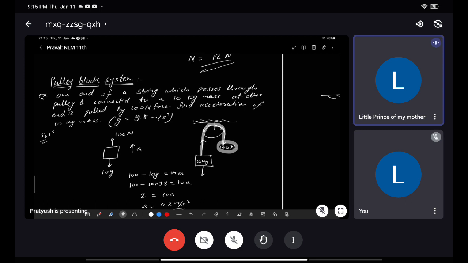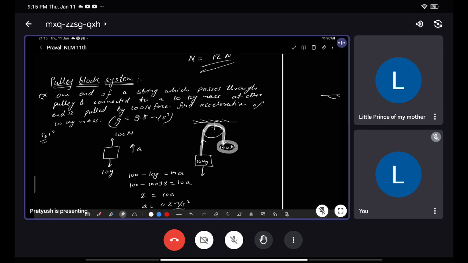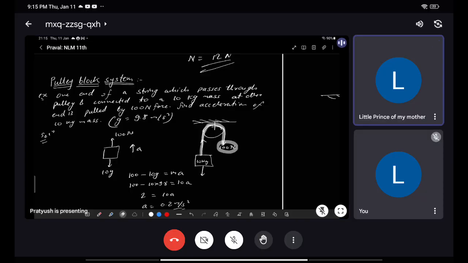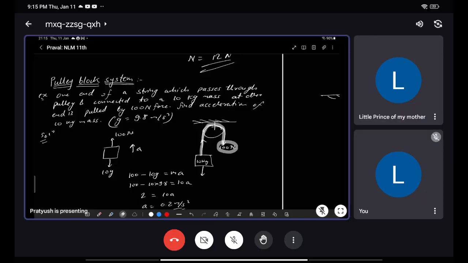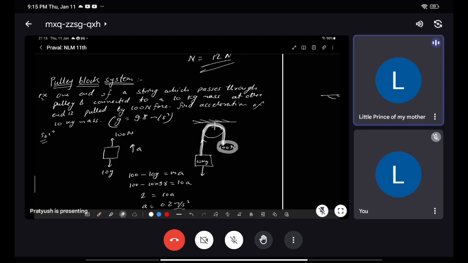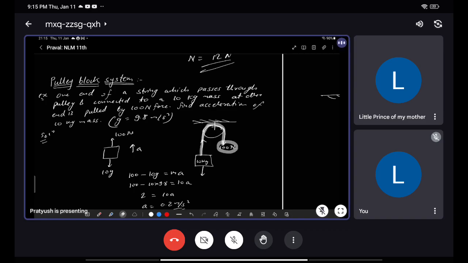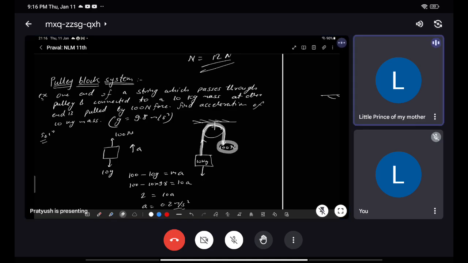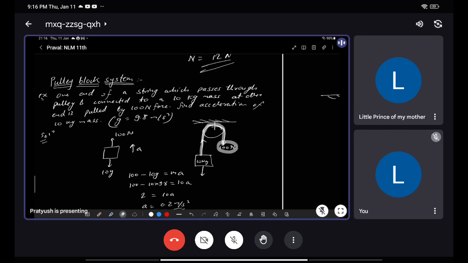What is the technique to solve? There is the tension upward, and the force will be upward on the pulley and weight downward. Why is this happening? This is to be remembered.